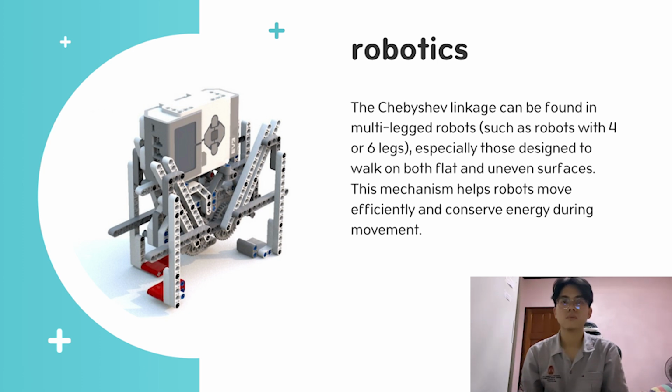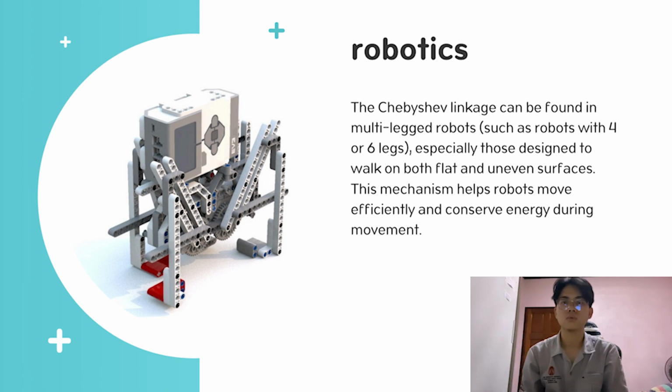The Chebyshev linkage is designed to convert the rotational motion of the driving motor into nearly straight-line motion for the robot leg. This allows the robot to move forward without having to lift its leg too high.